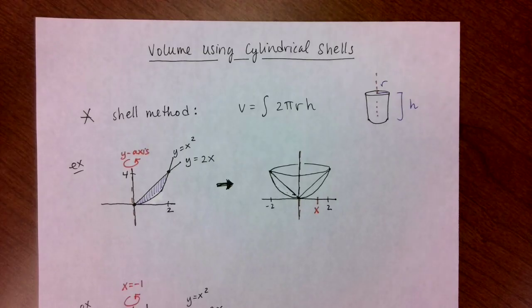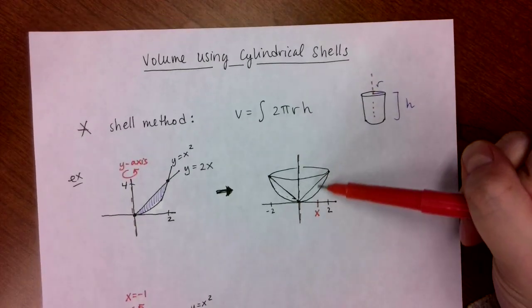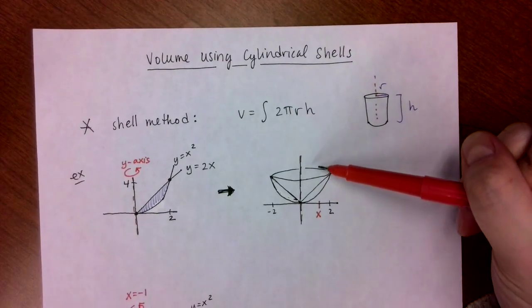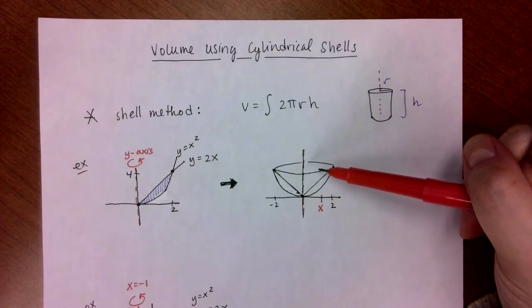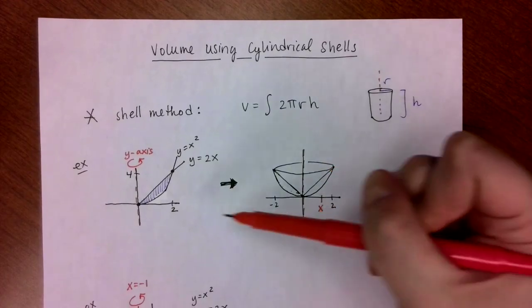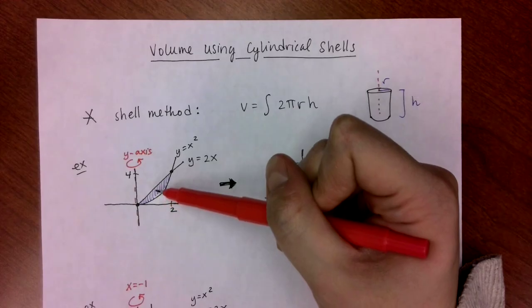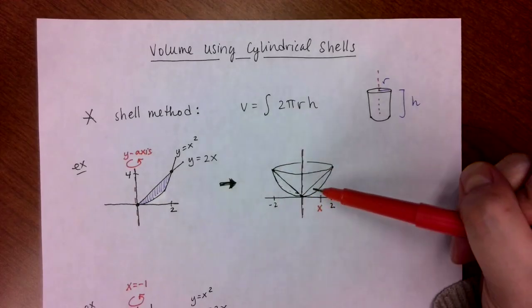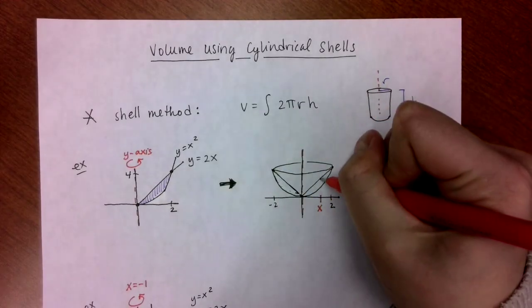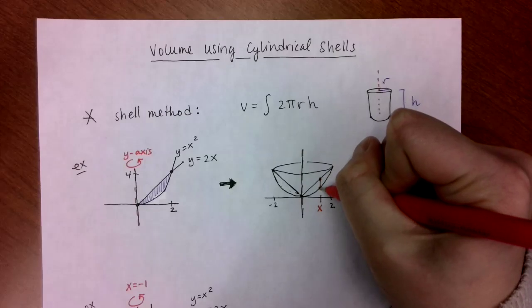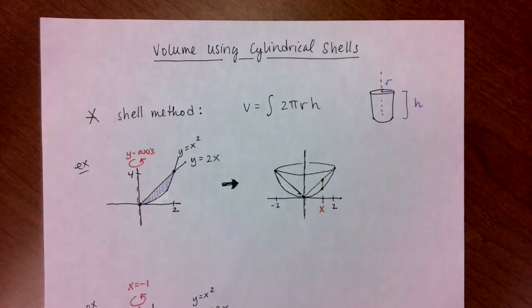Above this x, I'm going to draw a vertical line in my picture, and it has to only pass through the starter region, which is just between the two curves. So over here, my vertical line stays just between these two curves. That's the entire right edge of this shell.